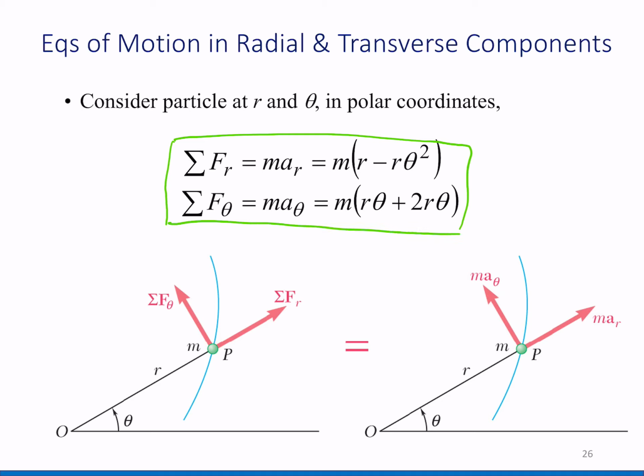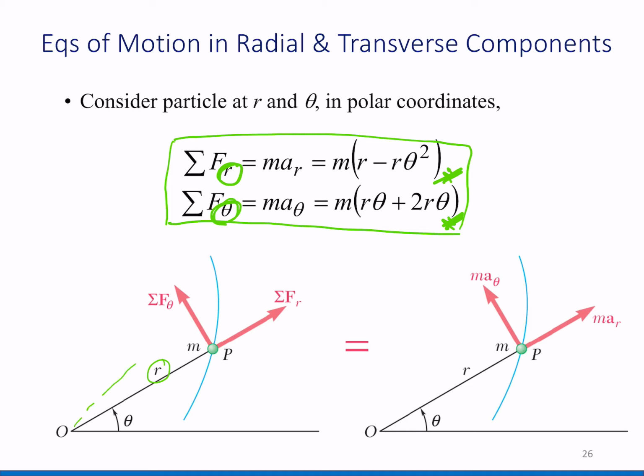We learned Cartesian coordinates, we learned about normal and tangential components, and here we also have radial and transverse components. Here is the radial part, and here is the transverse part, and here is the formula for solving the problem. The difference from normal and tangential is that here your R is not fixed.